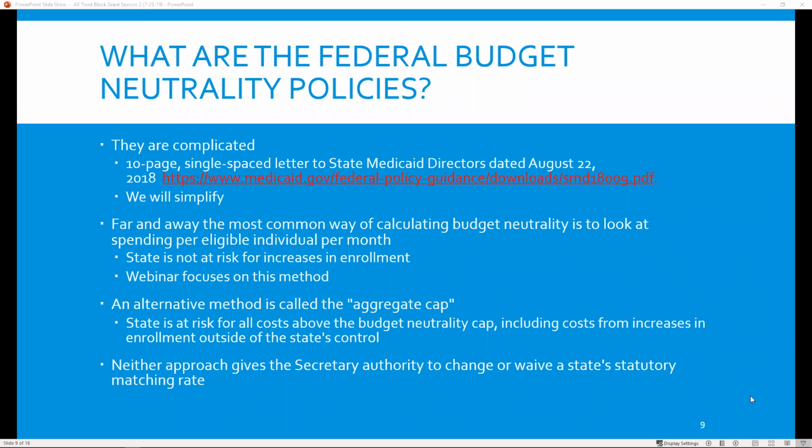So speaking of actuaries, the state of Alaska has up on its Medicaid website something called the Medicaid Data Book that's prepared by Milliman, which is an actuarial firm. And if you want to see what these member months per member per month numbers look like, they're very detailed. They're broken down by tribal and non-tribal members.